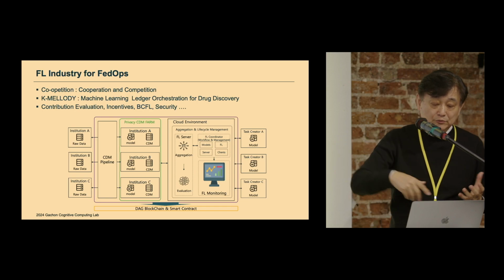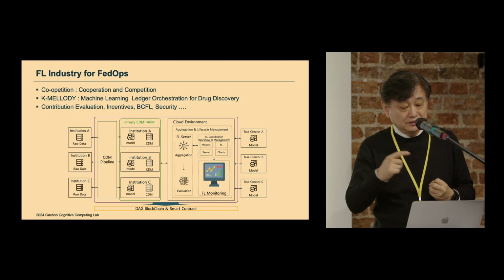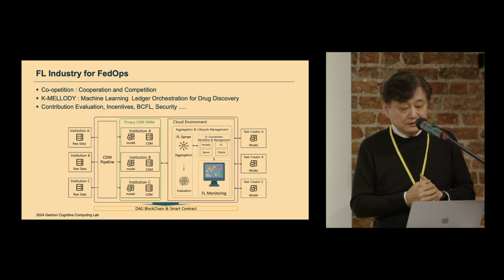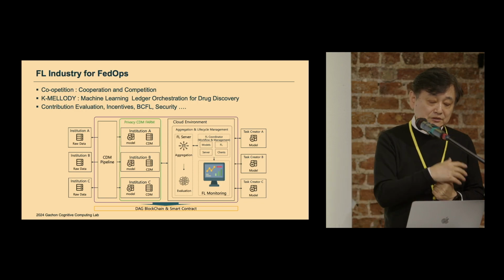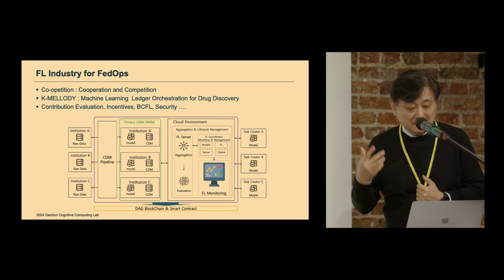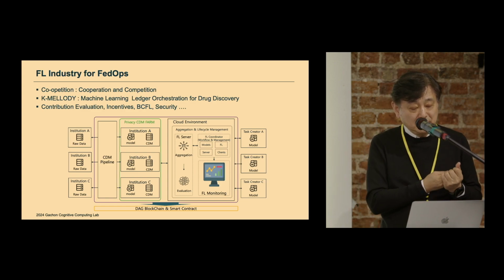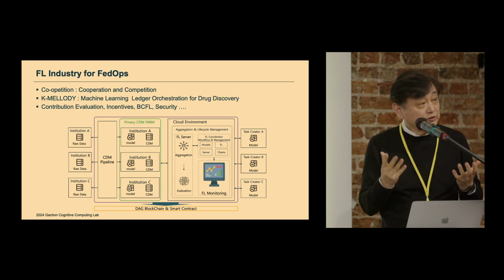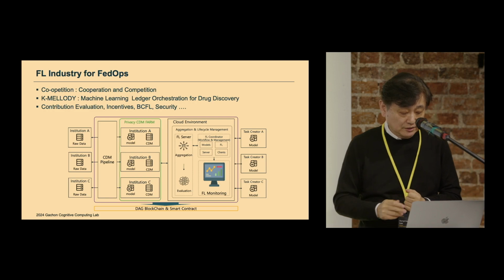solutions. So we need to consider how we manage the individual contributions of the institutions. Blockchain, smart contracts or ledger solution integrations, evaluations and securities are our research items to consider more.